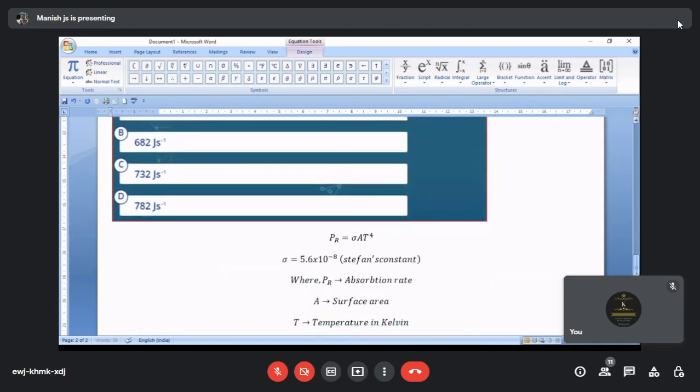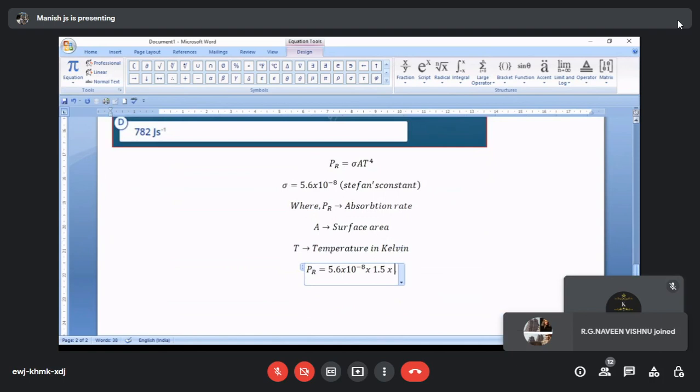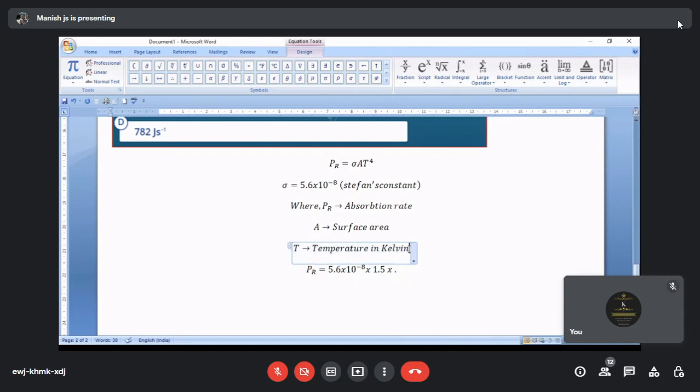If temperature is not mentioned, you should take normal temperature, standard temperature and pressure. Normal room temperature is 37 degrees Celsius, so usually we take 37 degrees. Convert 37 degrees to Kelvin. What do you get?